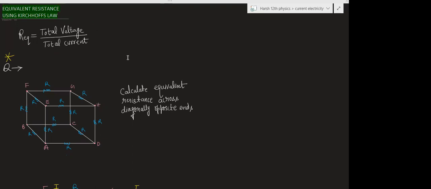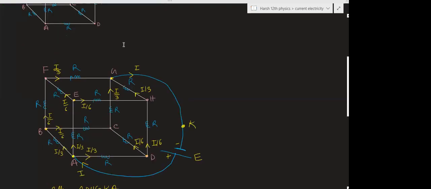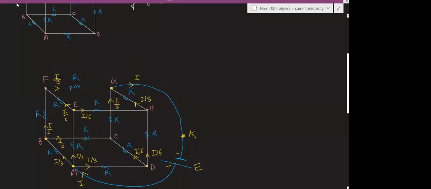Harsh, should I scroll down? Just a minute. Okay, fine. You can take time, because this diagram is a little bit typical. Yes, I can scroll down, sir. Here are so many directions of current. Just give me 1 minute.